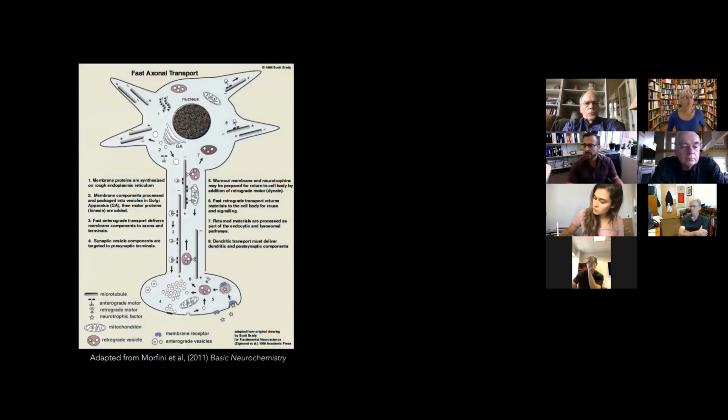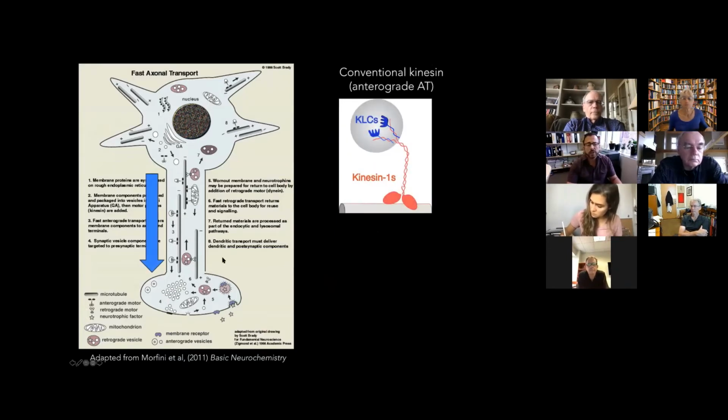We know quite a bit about what the molecular motor proteins are that carry this transport back and forward. By now, my former mentor, Dr. Scott Brady, was actually instrumental in discovering the motor that carries things away from the cell body towards the axonal terminal. And that's the conventional kinesin, which is a motor protein, a tetramer of two heavy and two light chains that in turn interact with a number of different vesicles.